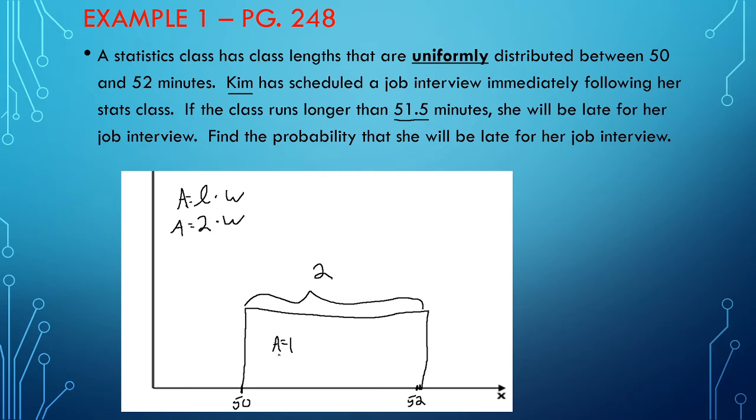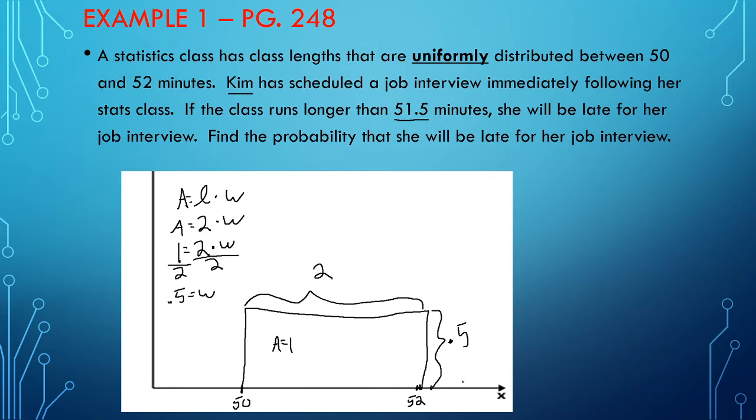And I know that the area has to be equal to 1. So 2 times w equals 1, which means that if I do some basic algebra and solve for w by dividing by 2 on both sides, the width has to be 0.5. So now I have this rectangle set up.